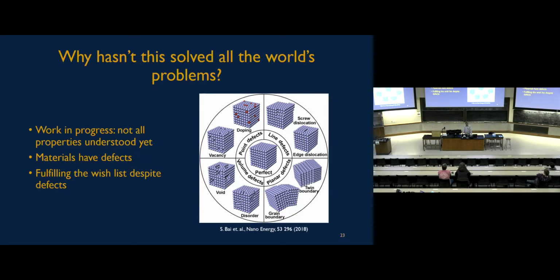And there are some properties that remain despite defects. So for example, superconductivity is one of them, or many other properties that I talked about, like strength and so on. They might remain despite defects, but others are completely ruined by even the tiniest of defects.